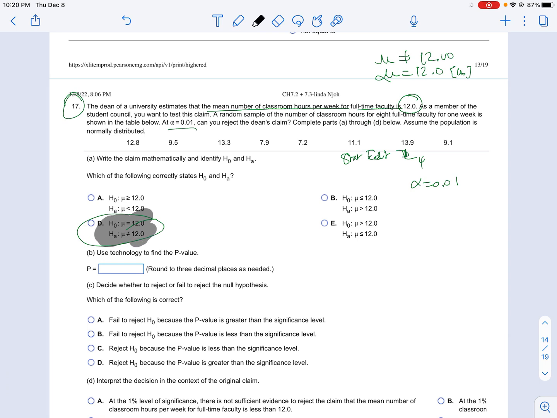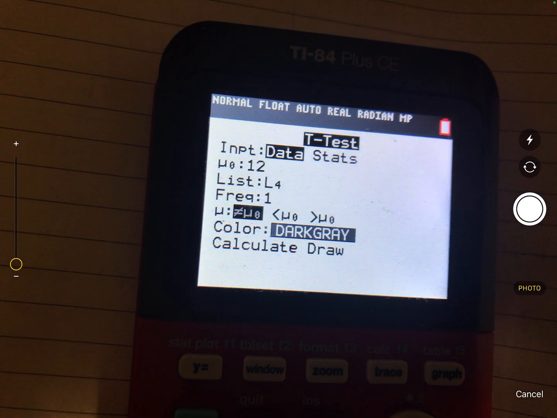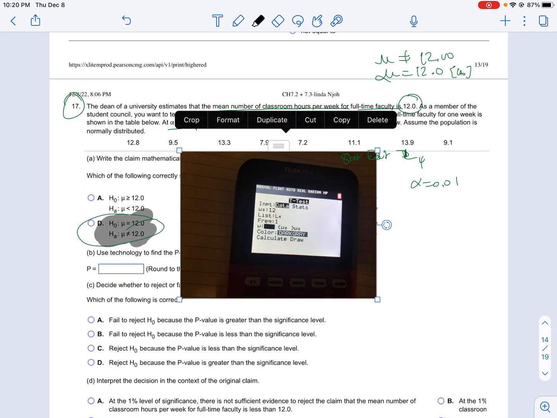Yes. Now the next thing is, what is the p-value? Since we already have the data in, our life becomes pretty easy. So you're going to start test, t-test, data. I'm going to show you my setup. Here it goes.